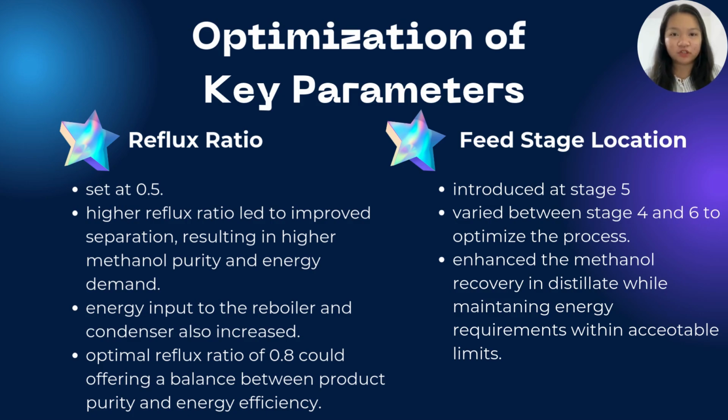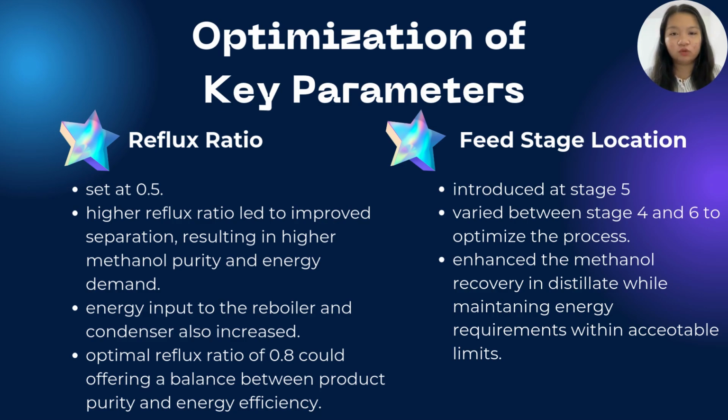Firstly, the reflux ratio directly impacts the separation efficiency and energy consumption of the distillation column. Initially set at 0.5, the reflux ratio was increased incrementally to evaluate its effect on product purity and energy demand.